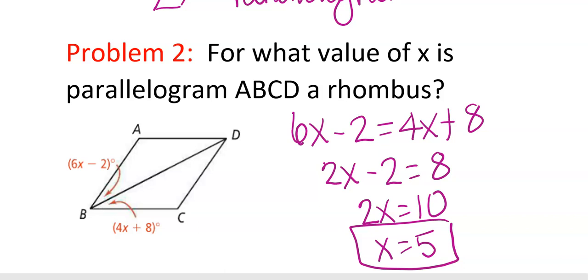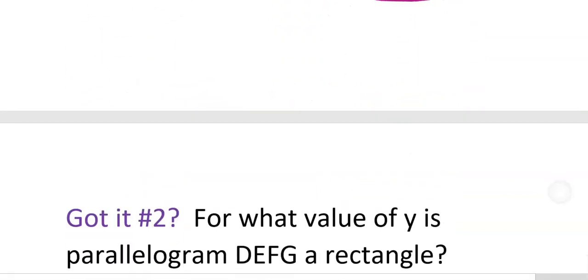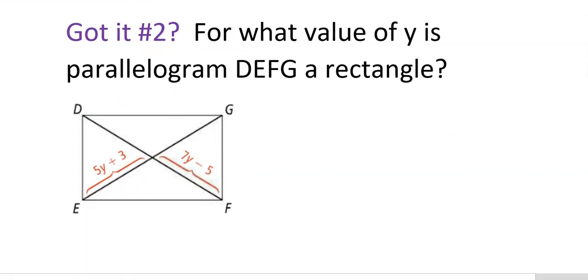And then there's one last question here. For what value is it a rectangle? So with this one, they're only giving part of the diagonals. In a rectangle, does the diagonal bisect the side? It kind of does. So there's actually two different things you can do here.